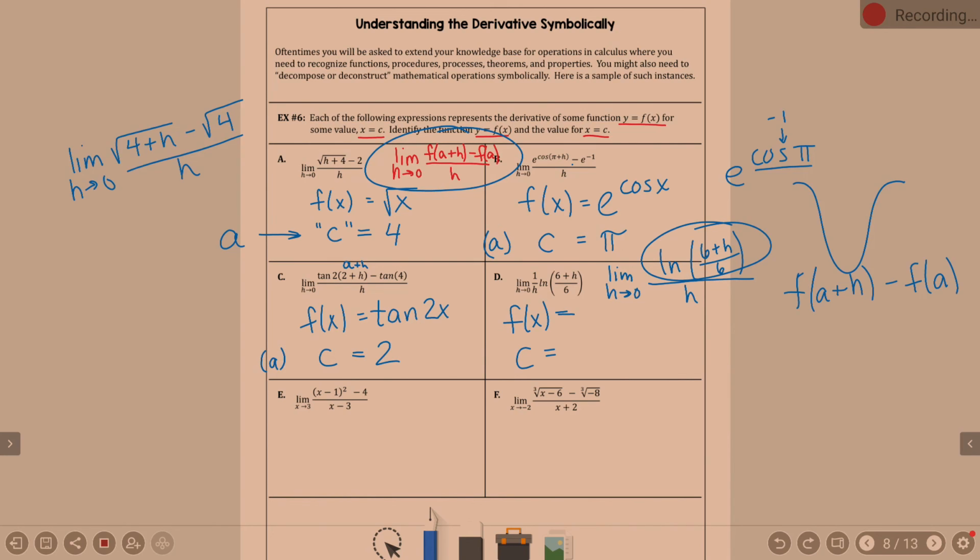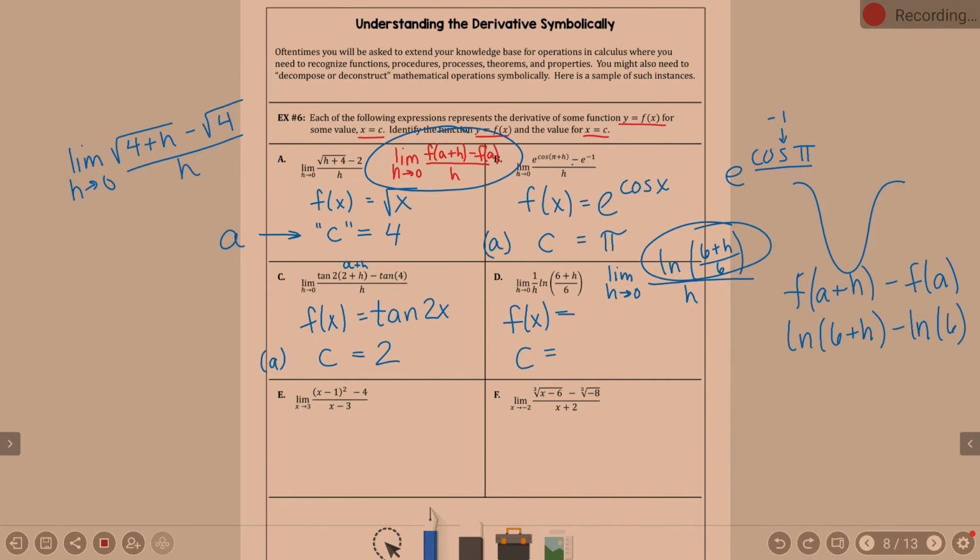Right? Because there is nothing else left. Do you remember your natural log rules? Division within a log is subtraction of two separate logs. So this is really natural log of 6 plus h minus natural log of 6.